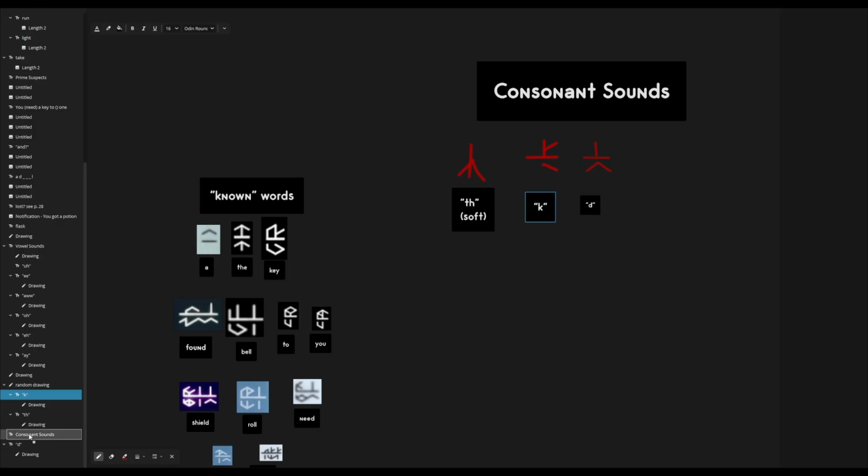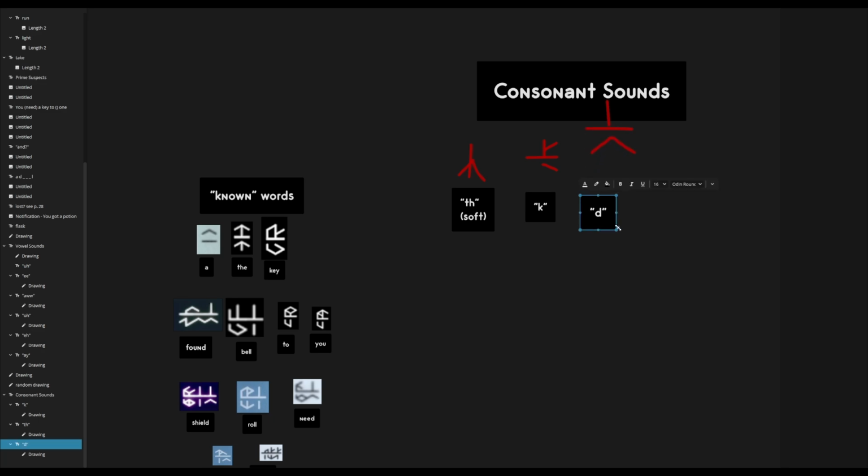Where's consonant sounds? Here it is. All right. It is important to stay organized. So, why are we resizing both things? I get moving both things, but really resizing? All right.